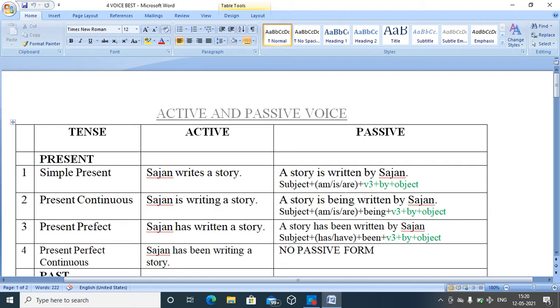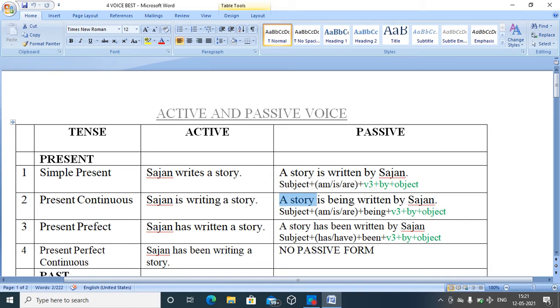But then if you are just using this one, how will you differentiate a passive form of present continuous tense from that of simple present? A story. Simply you are using am or is or are, you are choosing one.